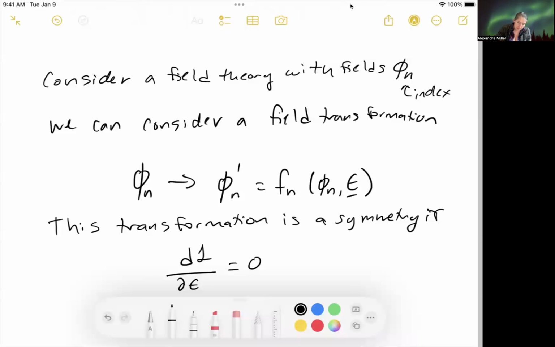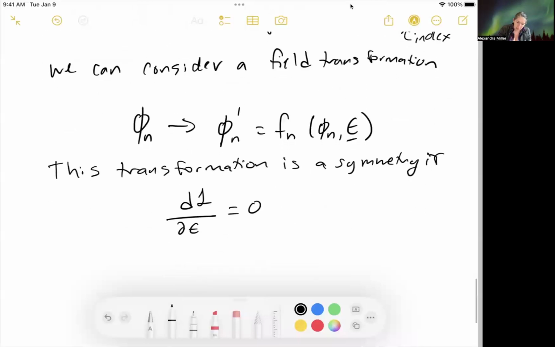If that derivative is equal to 0, then this is a symmetry of our system.